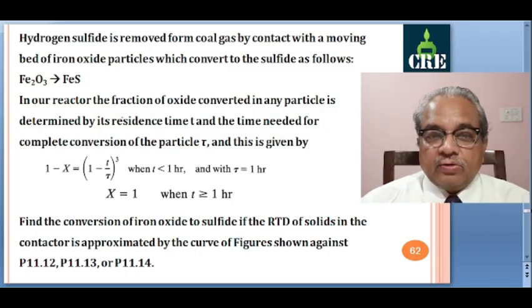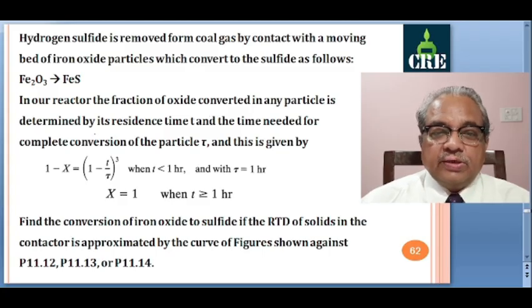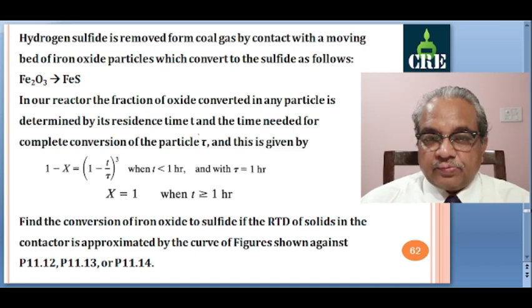In our reactor, the fraction of oxide converted in any particle is determined by its residence time T and the time needed for complete conversion of the particle, that is tau.